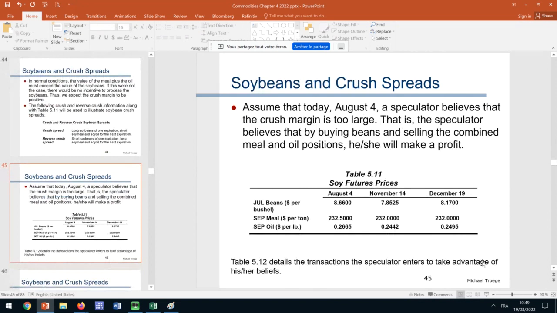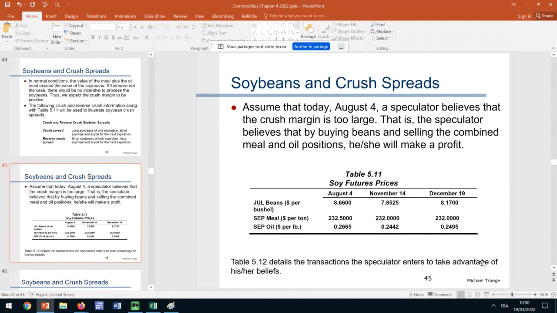Now let's look at a real life situation. We have a speculator who believes that the crush margin is too large, which means that the output prices are too high compared to the input prices. This means that all these soybean crushers, the people that produce soy meal and soy oil, will start buying soybeans and producing the output.